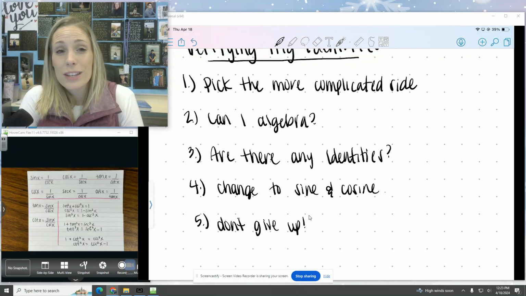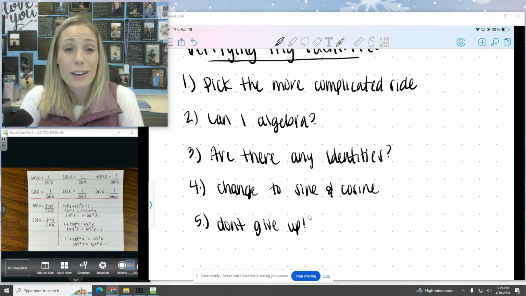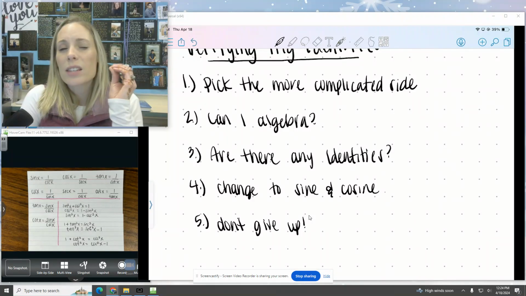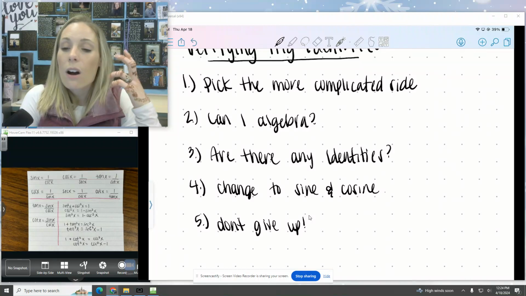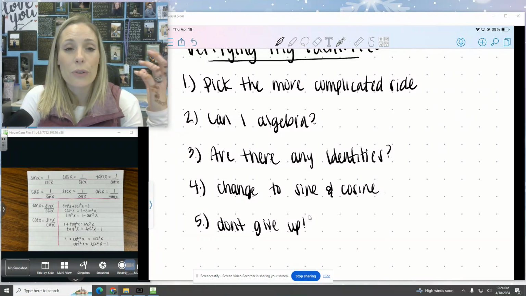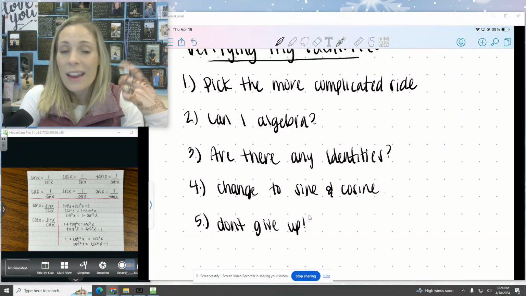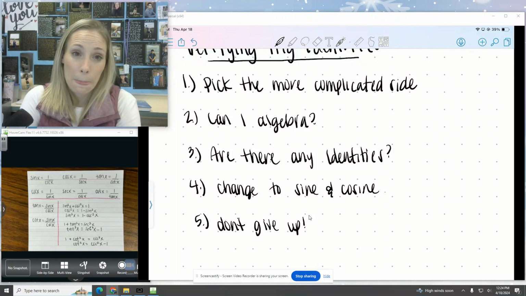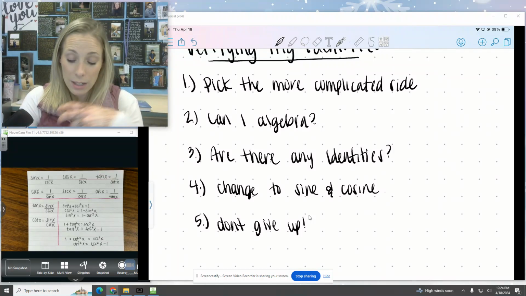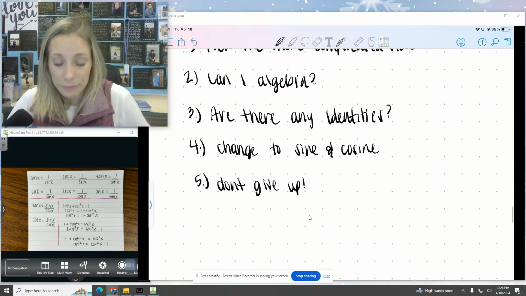There are some questions where you're going to do an entire page of work and not go anywhere with it. And you're going to be like, crap, what do I do next? And then something is just going to click and you're going to find another way to do it. All of these questions have infinite different ways to solve them. And that's okay. You are never going to go the same way that your neighbor did. And that's okay. So don't give up.